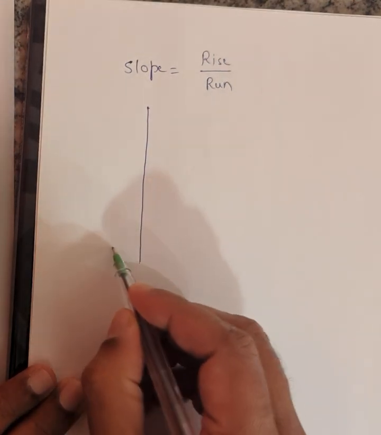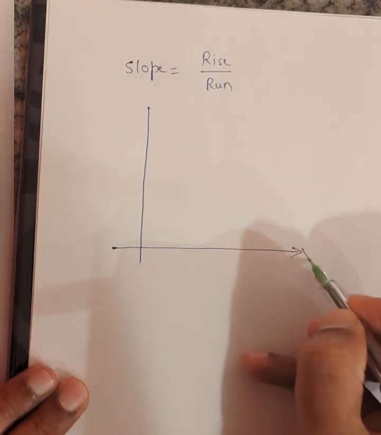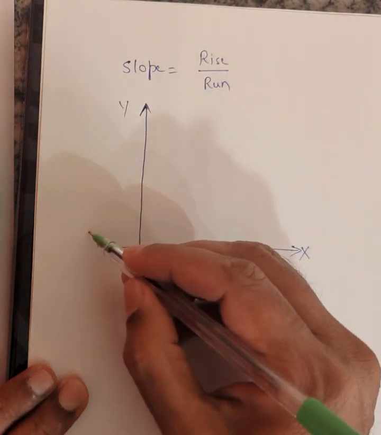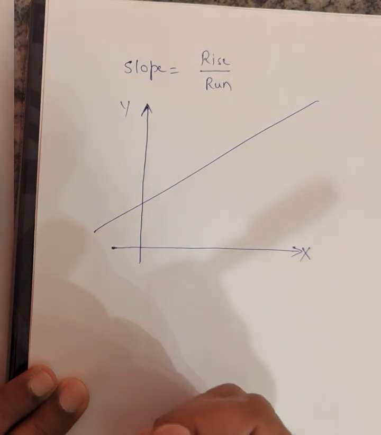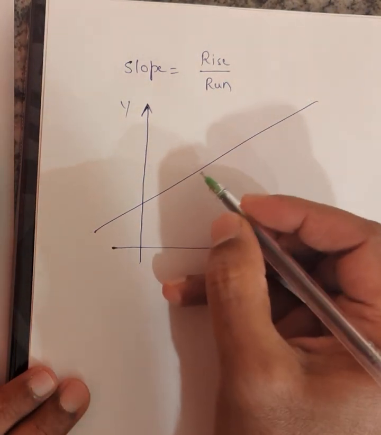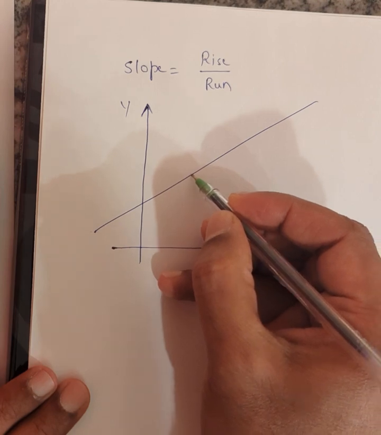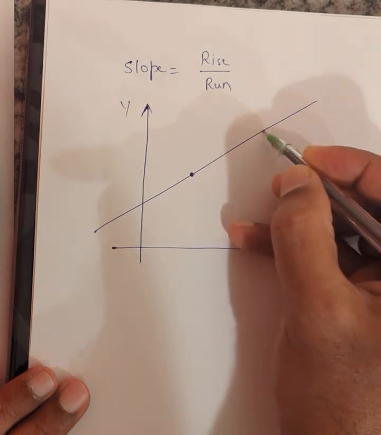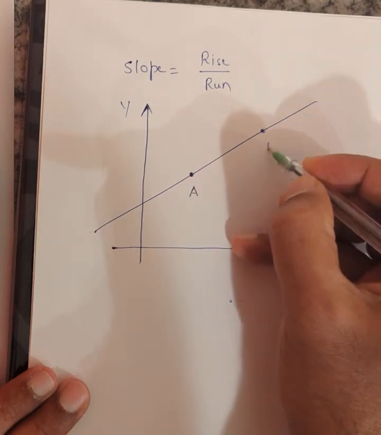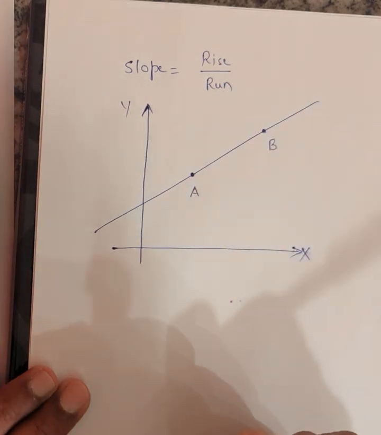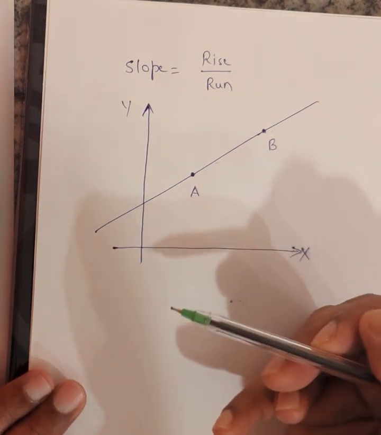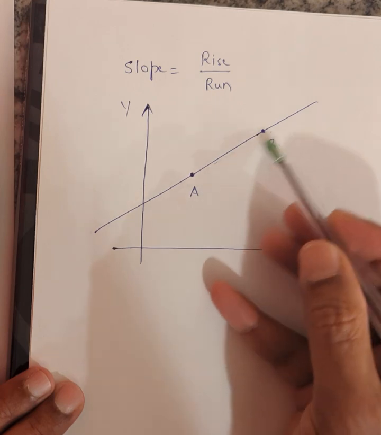So again, I'm going to draw my x-axis, y-axis, and if I have a line, then what I need are 2 points. So say point A and point B. So A and B are my 2 points. Now I want to go from A to B, but I'm not going to go along the line.